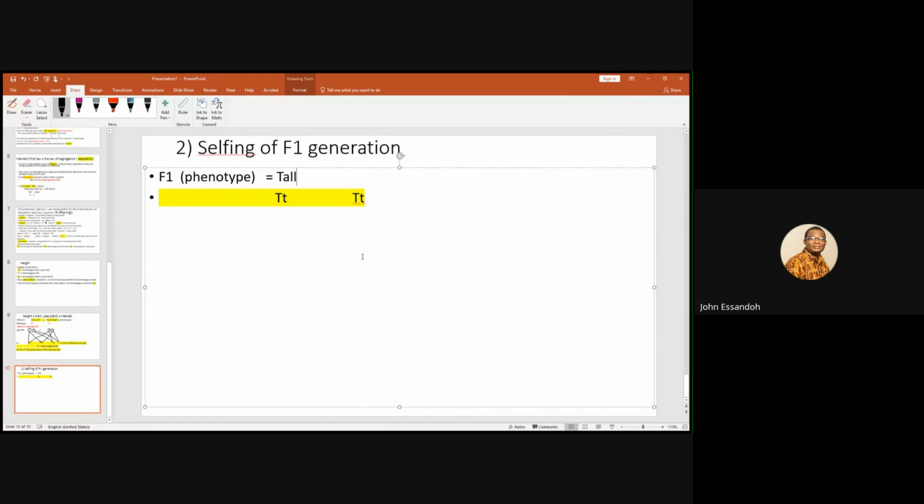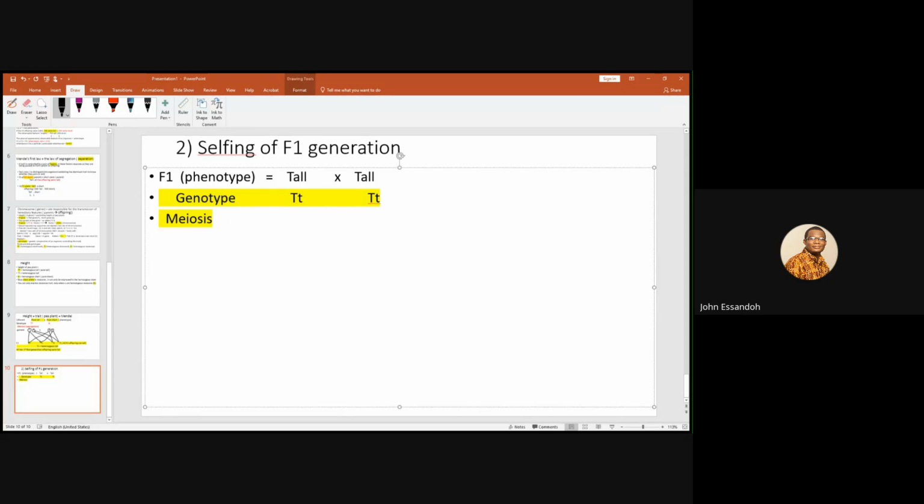So here we have this one is tall, and this one will also be tall. But we know now that, so let's see the genotype. The genotype of the F1, they are heterozygous tall. Then the next thing that is going to happen is meiosis.